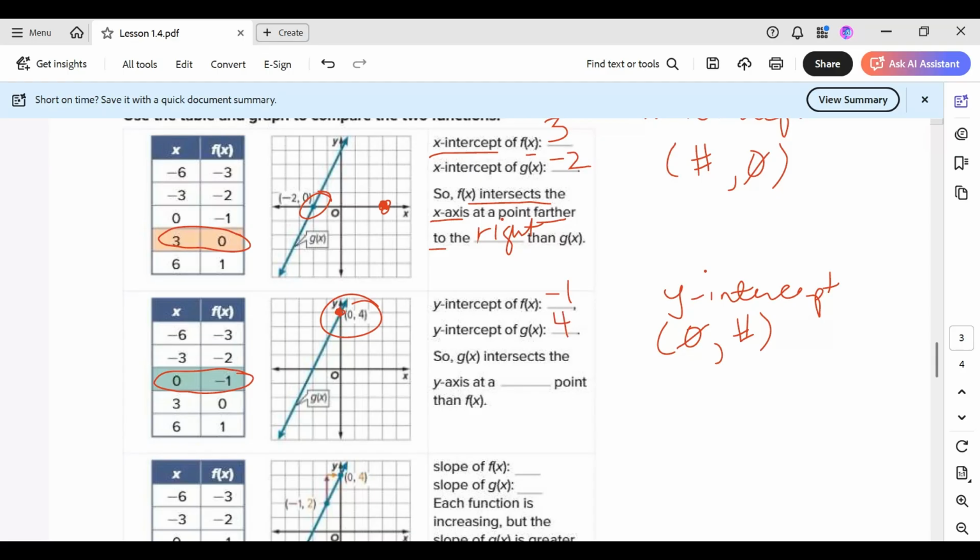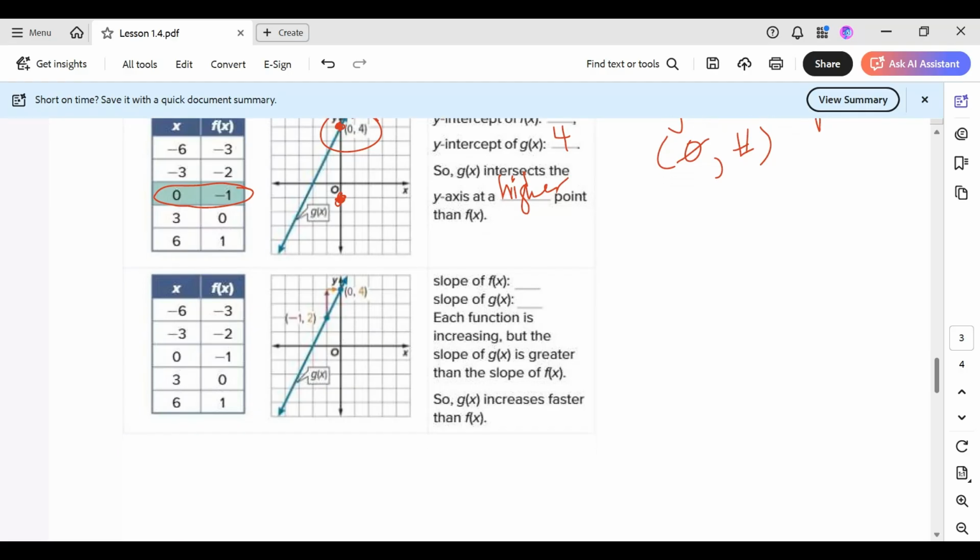So f of x is down on the negative side of the region. So g of x intersects the y-axis at a higher point than f of x. It's at the top.